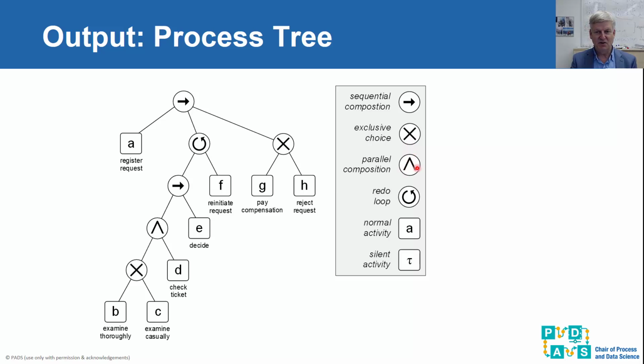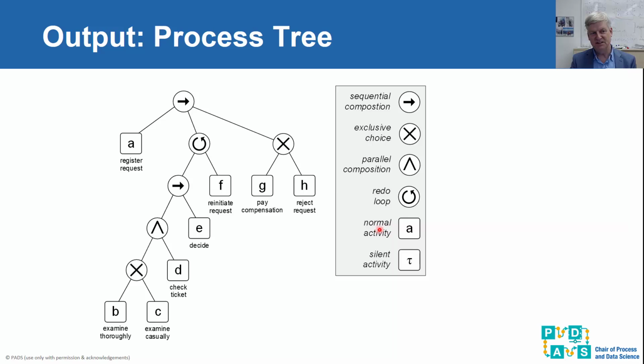There is parallel composition, again we have different sub-processes, but we do not choose and pick one to be executed. We basically execute all of them in any order. So they can be interleaved in any way possible. There is the redo loop, which is a combination of a repeat until and a while do construct. I'll explain that in a minute.